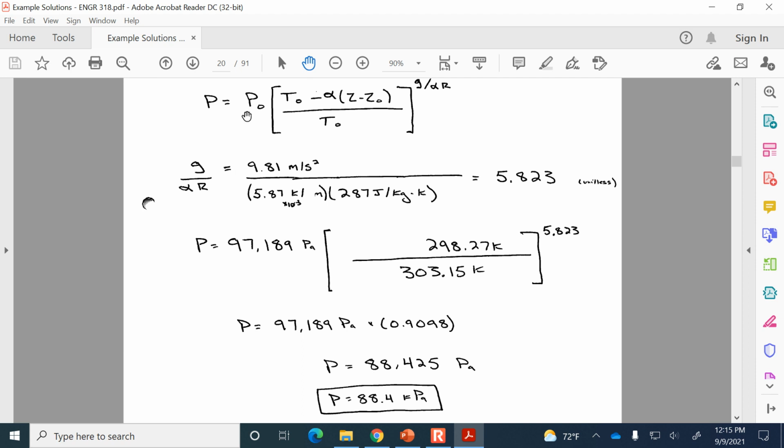So with the pressure at the base multiplied by what's inside of the brackets here, which is essentially the ratio of the temperatures, aloft versus at the base, taken to the power, you can see that the pressure up above is 88.4 kilopascals. Number one, I can tell you from experience, it's noticeably cooler up there. You can feel it. And your ears pop on the way up because of the elevation change and the pressure change.